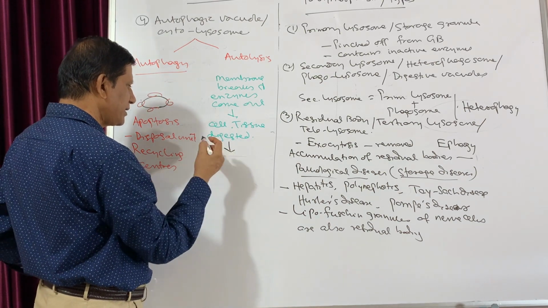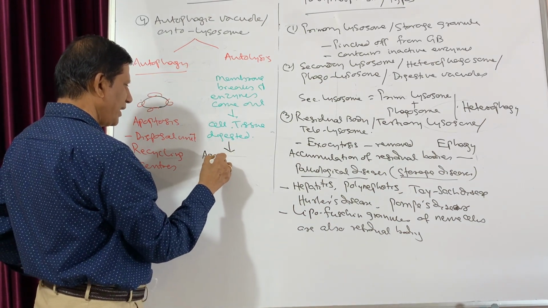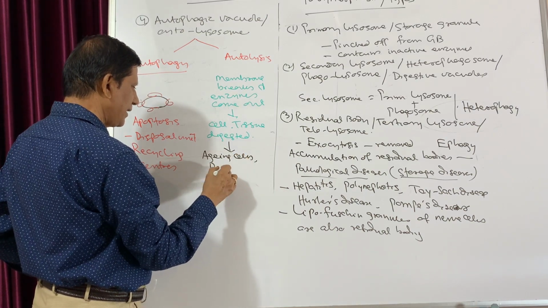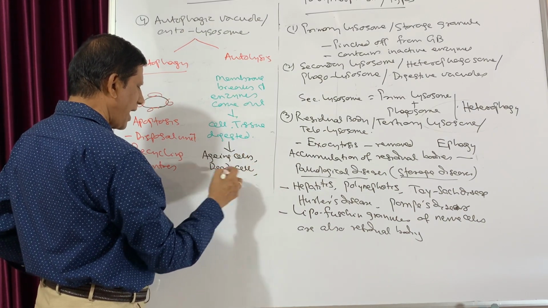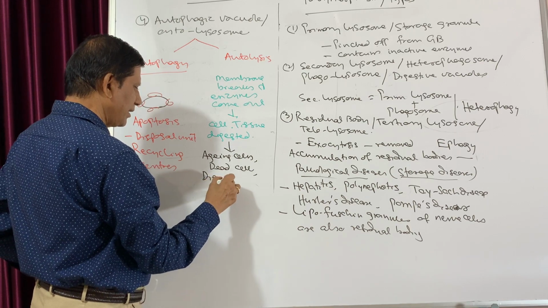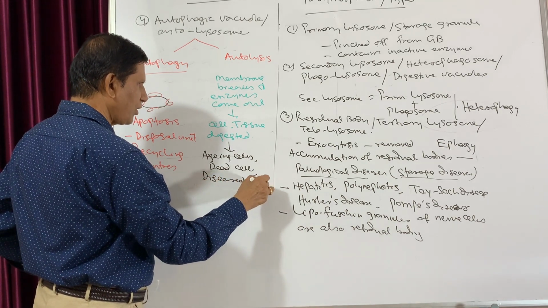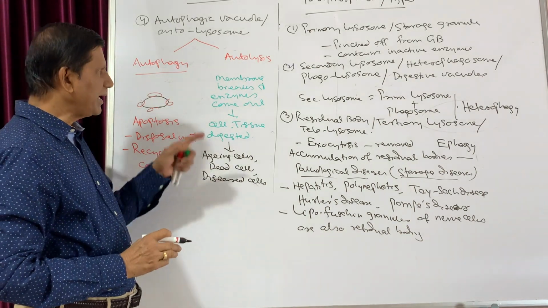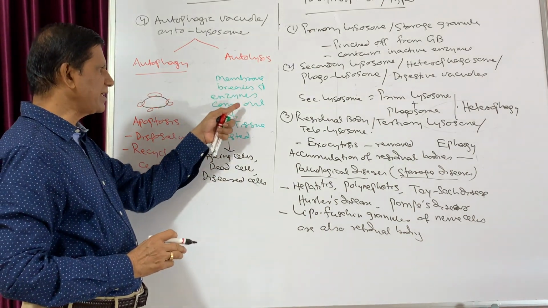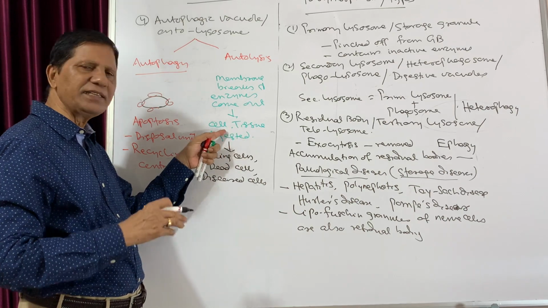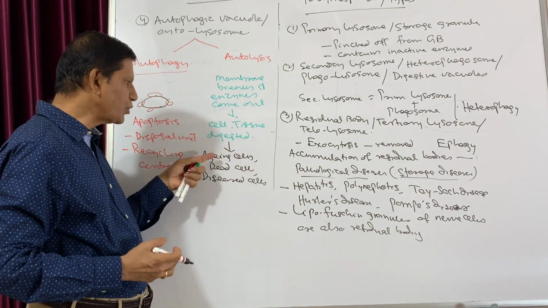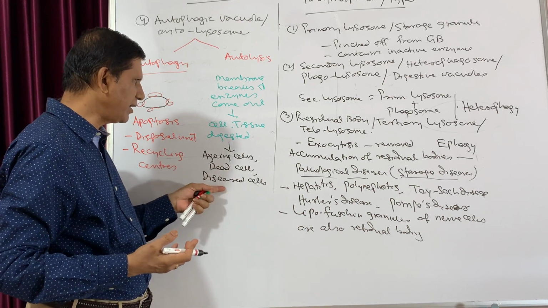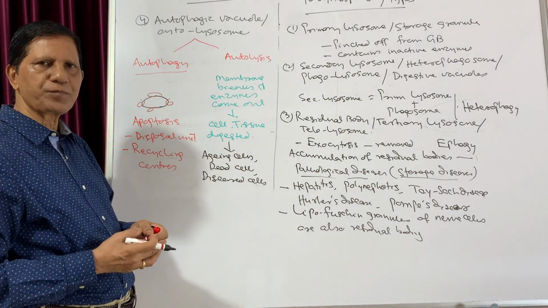Usually, this is done in aging cells, dead cells, and diseased cells, that is, cells which are not functioning any further. In that case, the membrane breaks, enzymes come out, and they digest this cell or tissue.